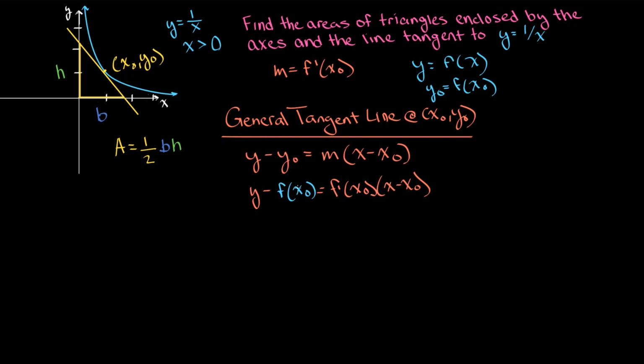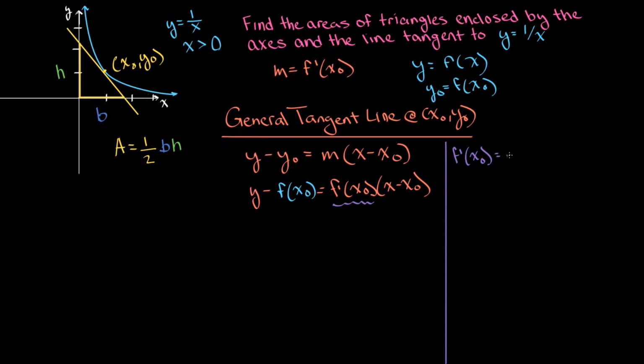So now the only thing that we really need to find, that we can't easily look at and see, is this derivative. We need to figure out what the derivative of f at x naught is. So let's do that over here. We're going to find the derivative, f prime of x naught, and we're going to use the definition of the derivative.